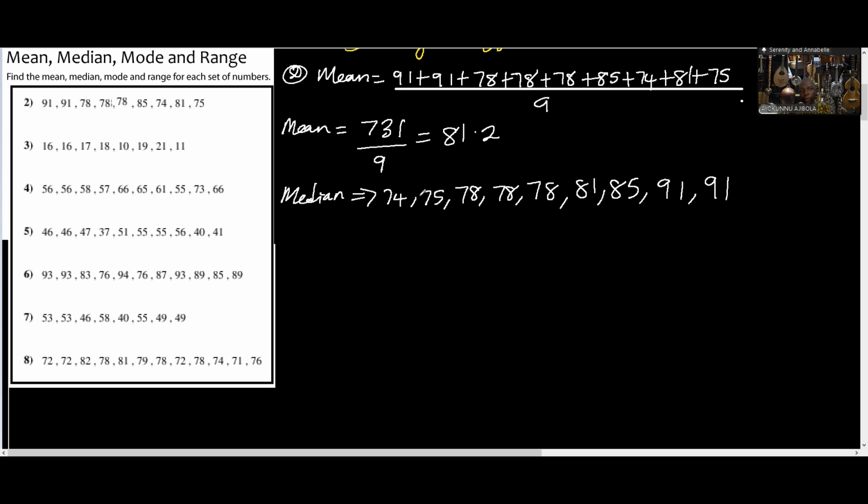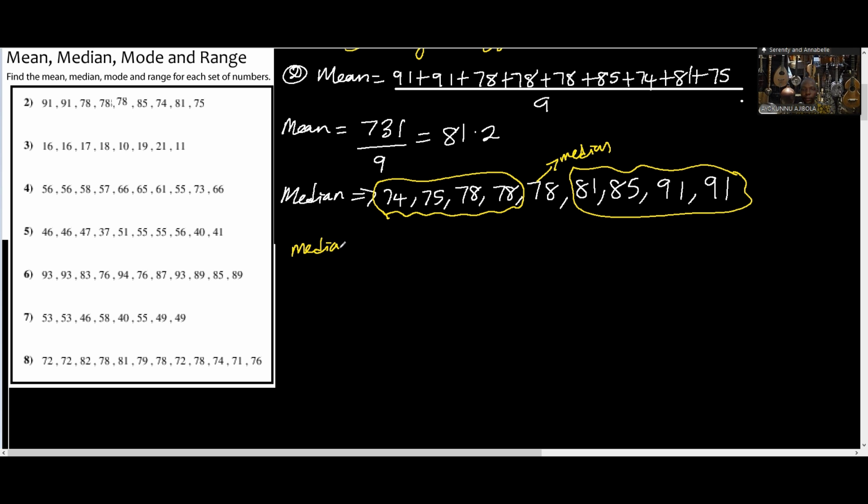Is it complete? 1, 2, 3, 4, 5, 6, 7, 8, 9. So it's complete. To get the median, just count 4 here and count 4 here. So the middle one is the median. So our median equals 78. That's clear, right?